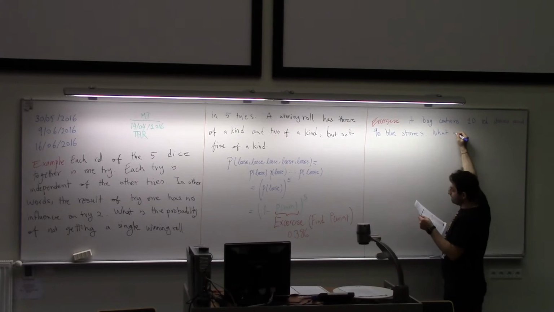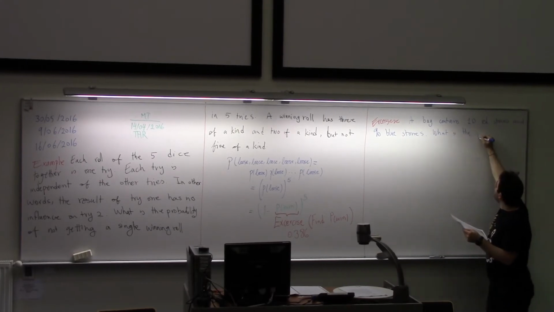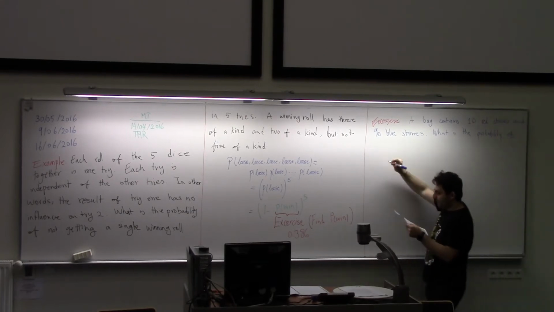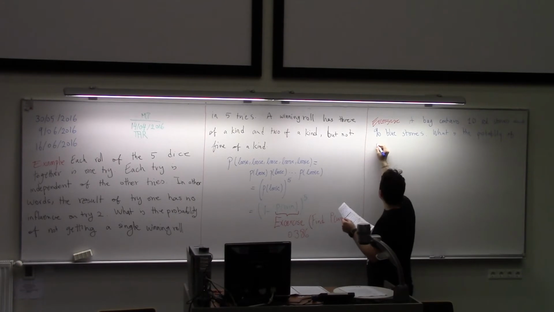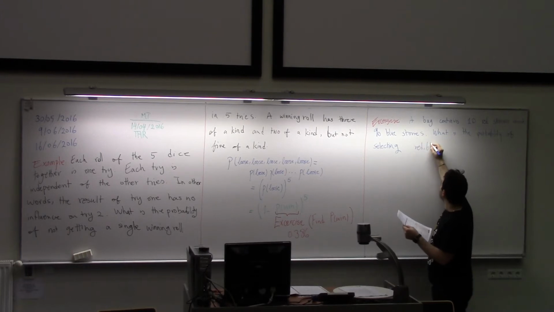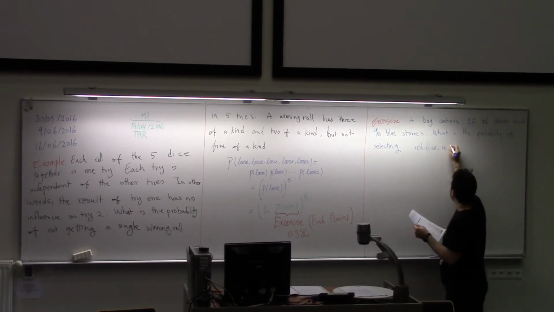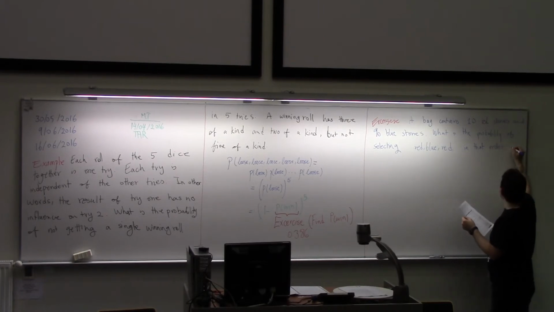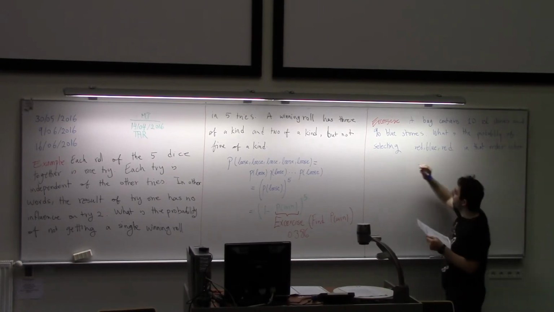What is the probability of selecting red, blue, red, in that order when sampling?